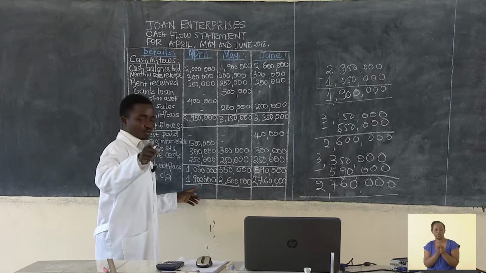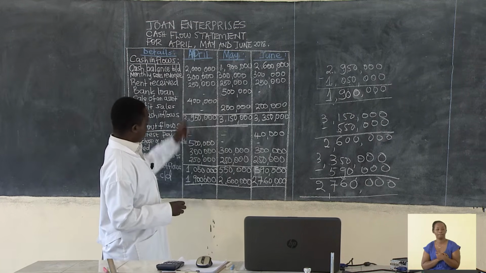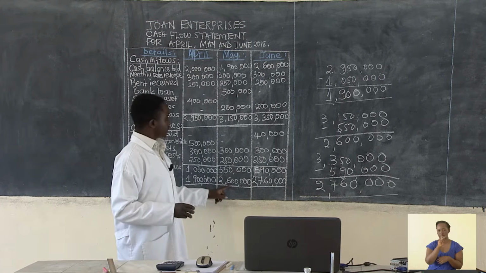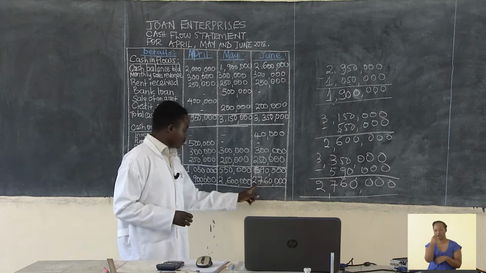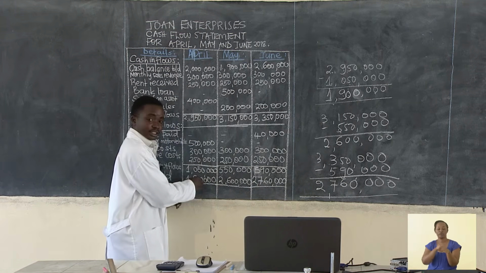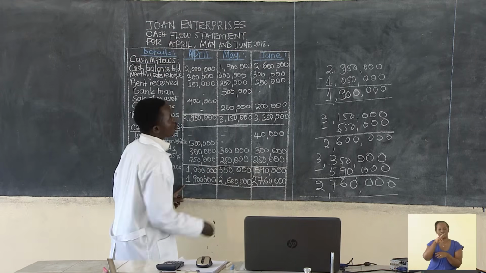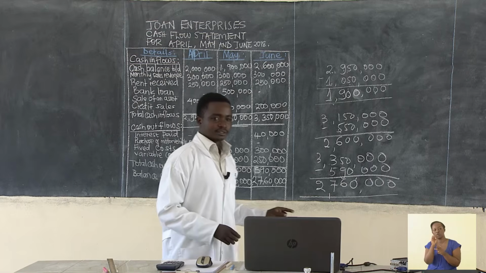That should be your general comment. Comment on the net cash position. We have a surplus in April, a surplus in May, a surplus in June. And generally, there is an increase in the net cash position of J1 enterprises. I think that's okay.